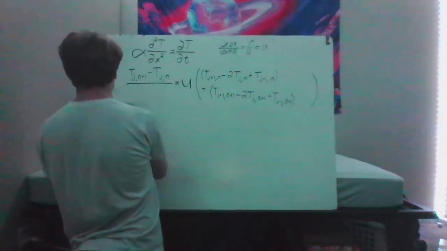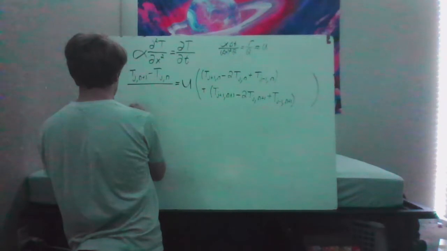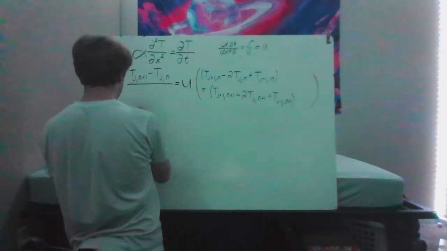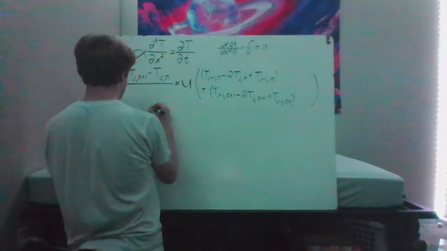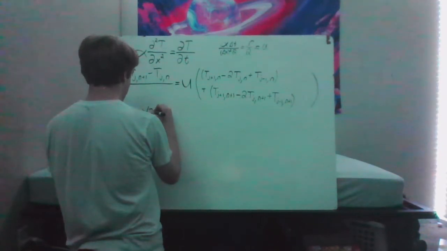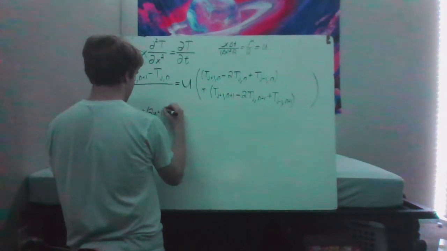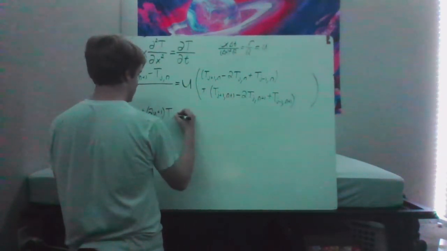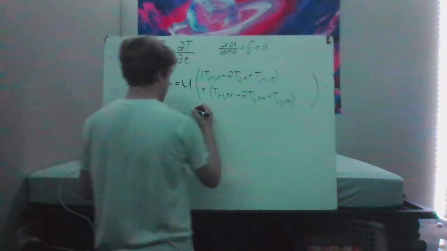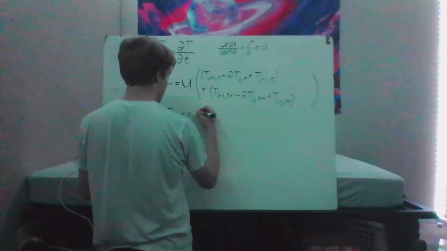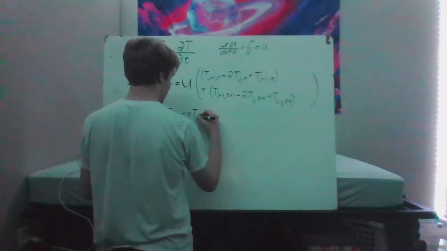So to start off, we'll have negative u T j plus 1 n plus 1, plus 2u plus 1 T j n plus 1, minus u T j minus 1 n plus 1.